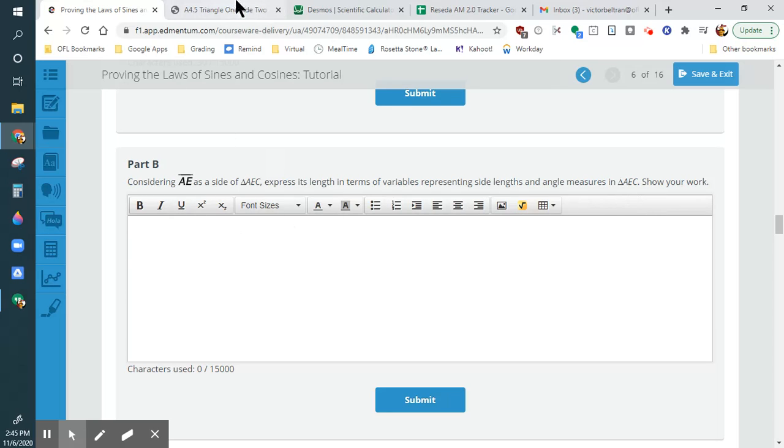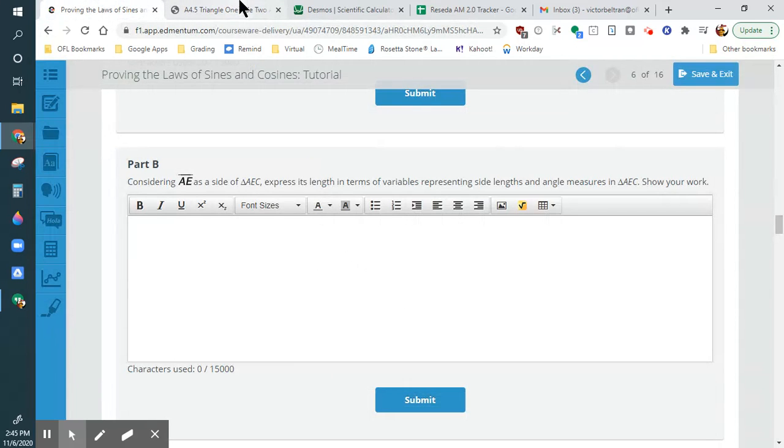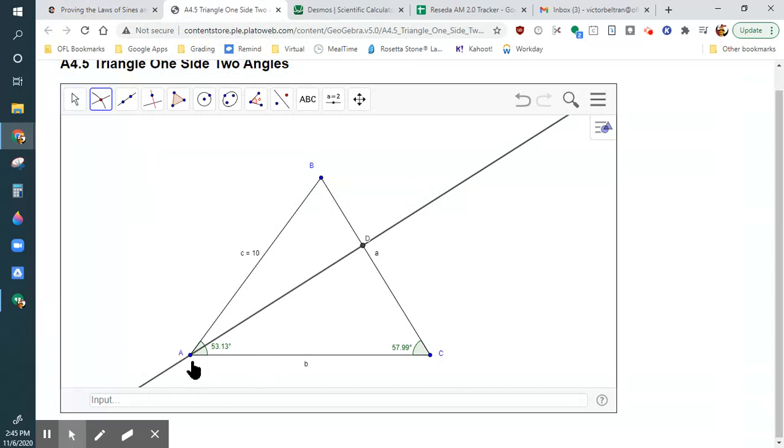So we want to say EA in terms of sides and angles for angle AEC. Oh, I'm going to rename this now. There we go. I didn't really rename it, I just clicked a point and it did it again.